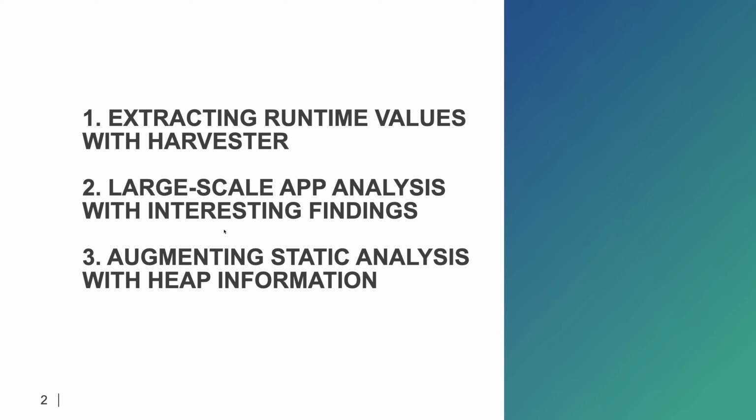And last but not least, I will also talk about augmenting static analysis with heap information, which is a much more general approach that can basically be applied to pretty much any static analysis. And it can also be useful in selecting the right trade-offs for your analysis context.